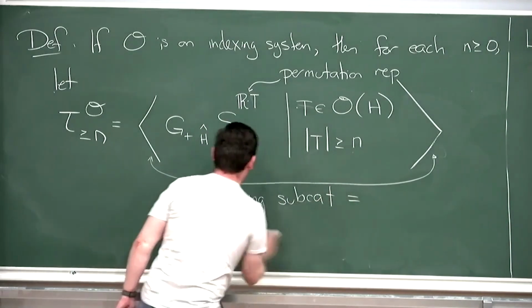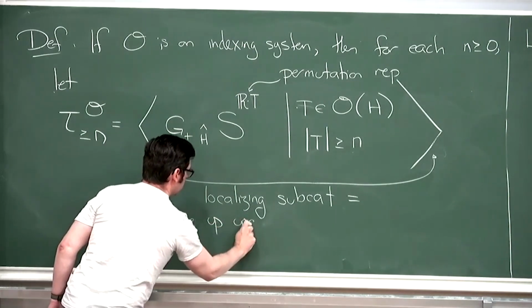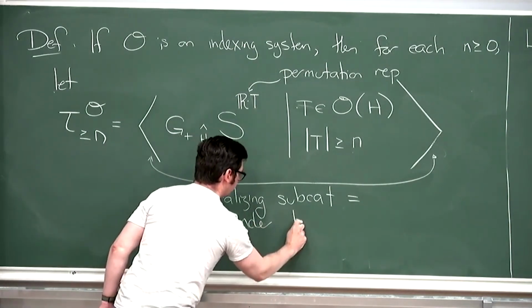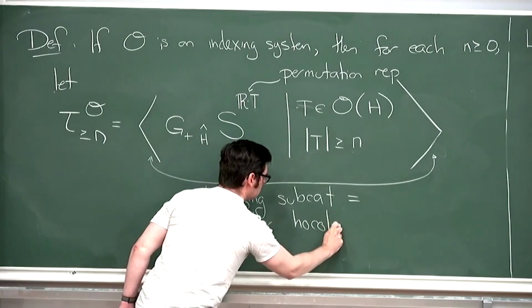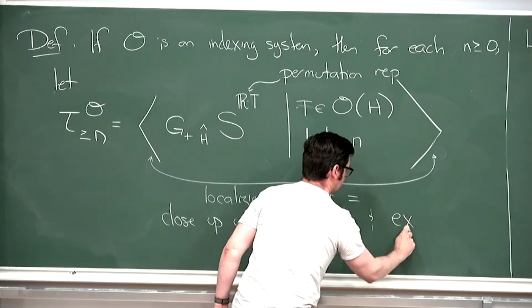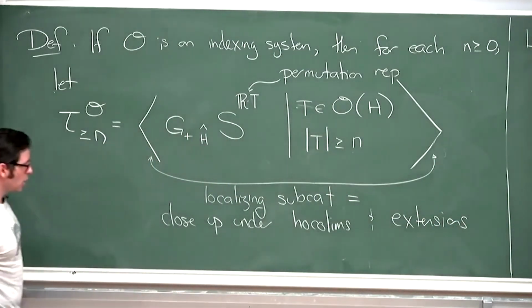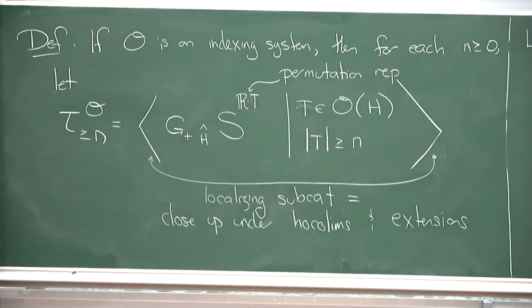So in other words, I close up under homotopy colimits and extensions. So if I have a cofiber sequence where the outer two pieces are in my category, the middle one also is. I'm not closing up under fibers. So these are not triangulated, and this is a big distinction.